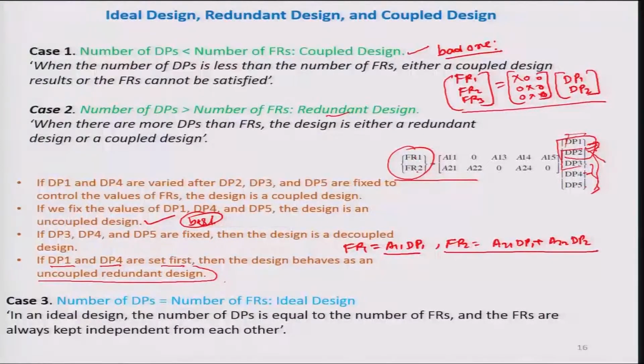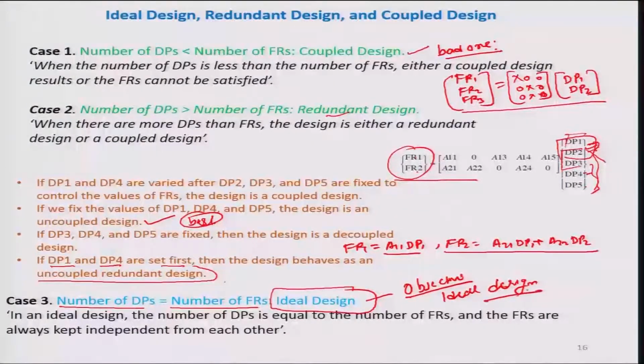Now in case 3, if the number of design parameters is equal to the number of functional requirements, that will be the ideal design. So your objective should always be to make an ideal design. In ideal design, the number of design parameters is equal to the number of functional requirements, and the benefit is that functional requirements are always kept independent of each other.